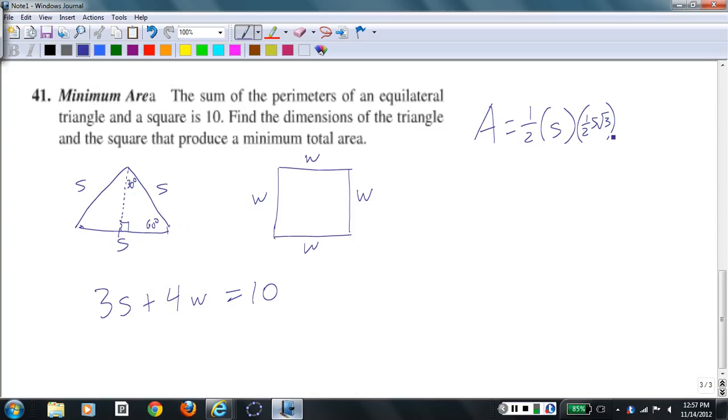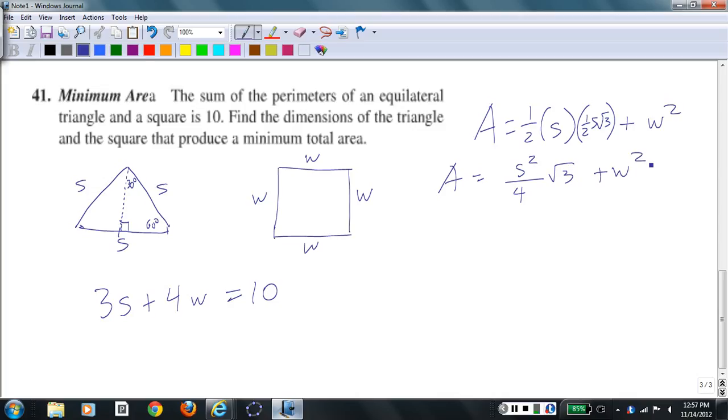That's the area of the triangle. Plus W squared. So that's the total area of the two. Area equals S squared over 4 times the square root of 3 plus W squared.